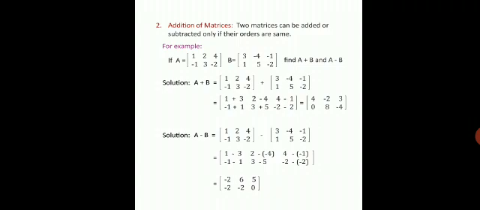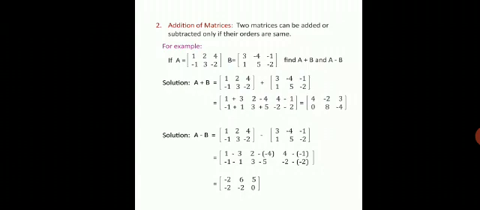The corresponding element of 1 is 3, that is 1 plus 3, and second element, the corresponding element of 2 is minus 4, the corresponding element of 4 is minus 1, 4 minus 1.